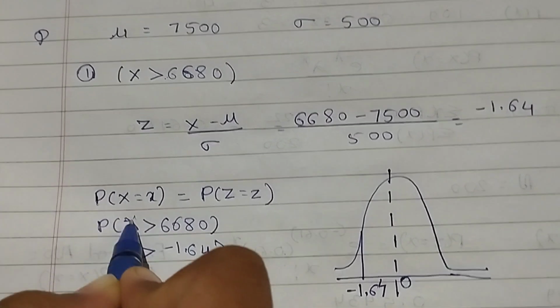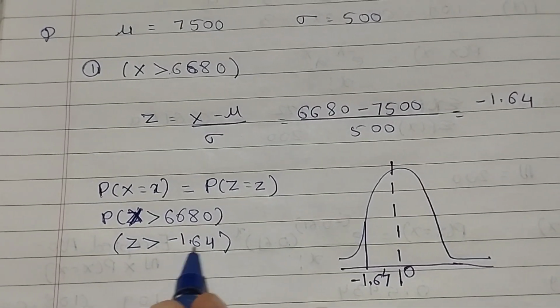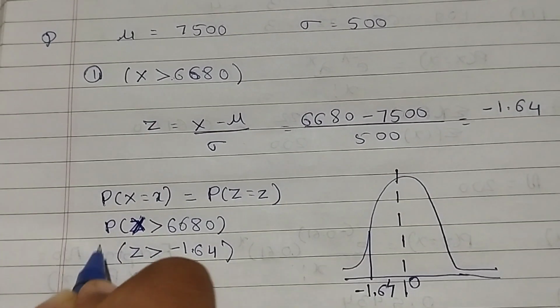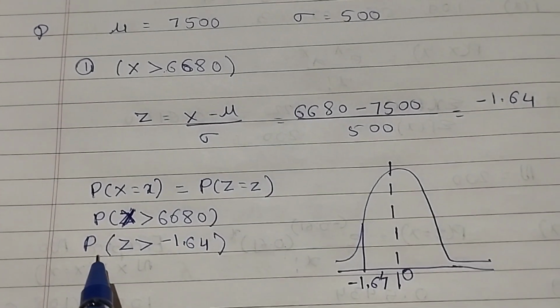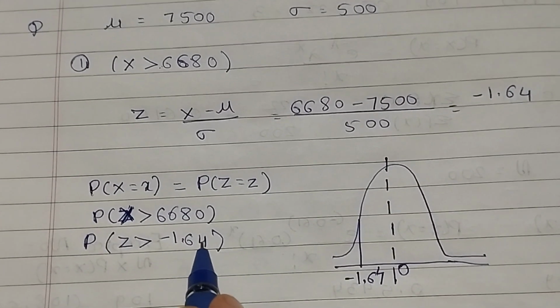So if this is the value of x, then the value of z is minus 1.64. So we now calculate the probability for z greater than or equal to minus 1.64.